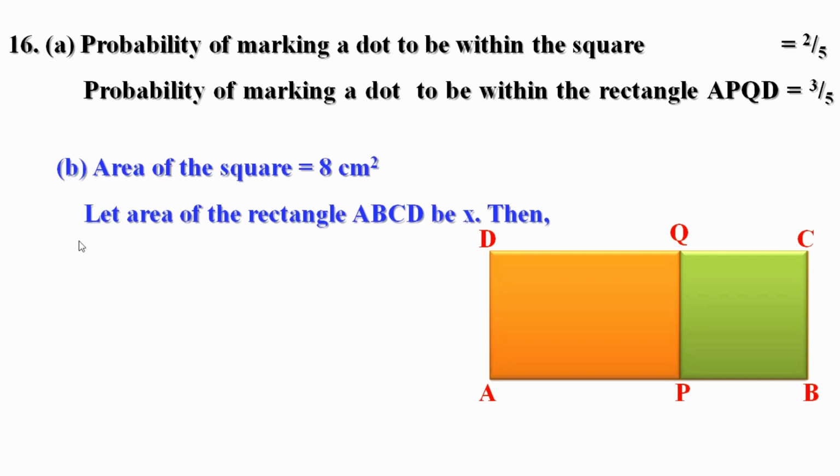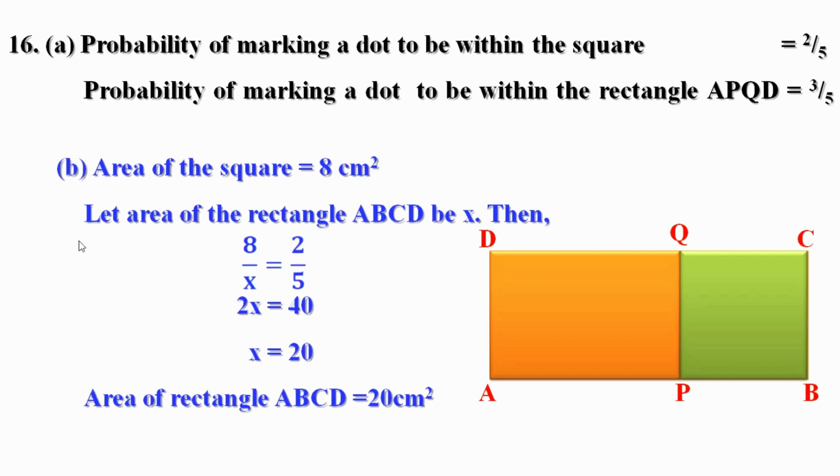So we can write 8 by x equals 2 by 5. Cross multiplying, we will get 2x equals 40 or x equals 20. Therefore, the area of the large rectangle ABCD equals 20 centimeter square.